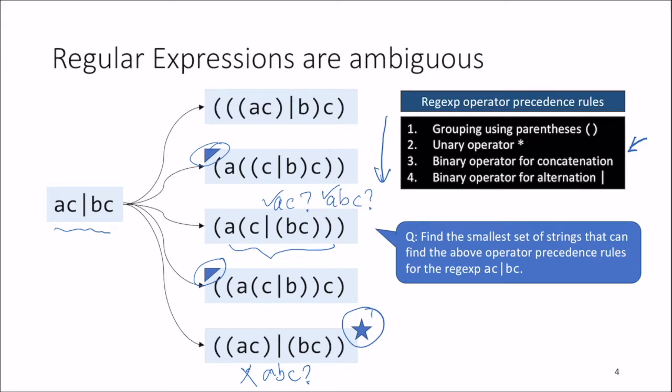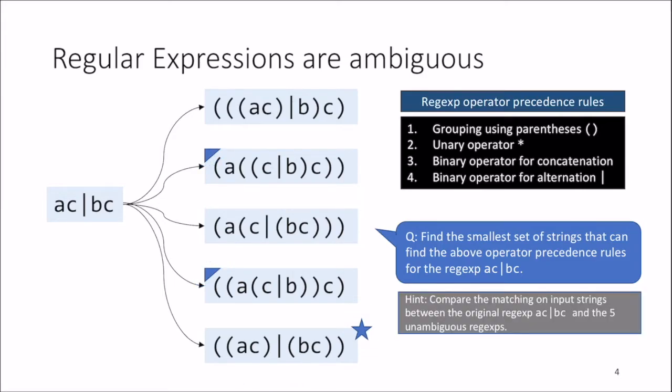So we already know what the right bracketing is, but could you discover these precedence rules by using a string to probe each of these regular expressions? The hint here is to compare matchings on input strings and these 5 unambiguous regular expressions for the original regular expression here.